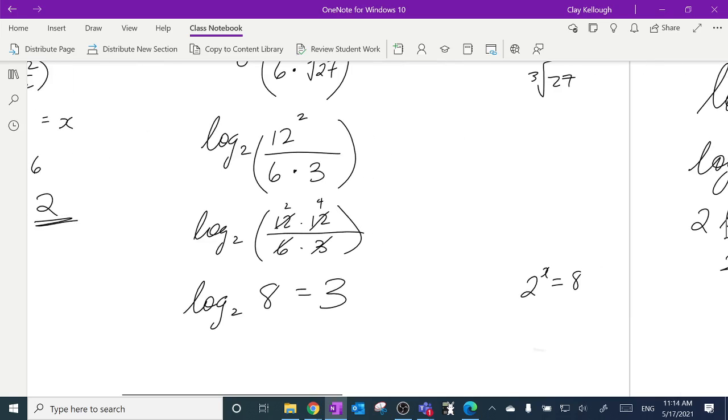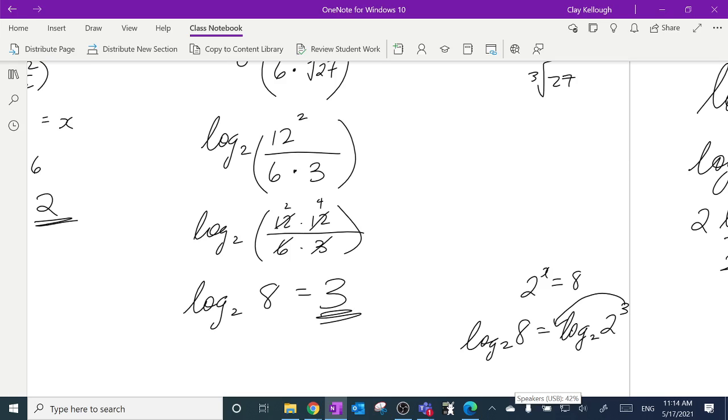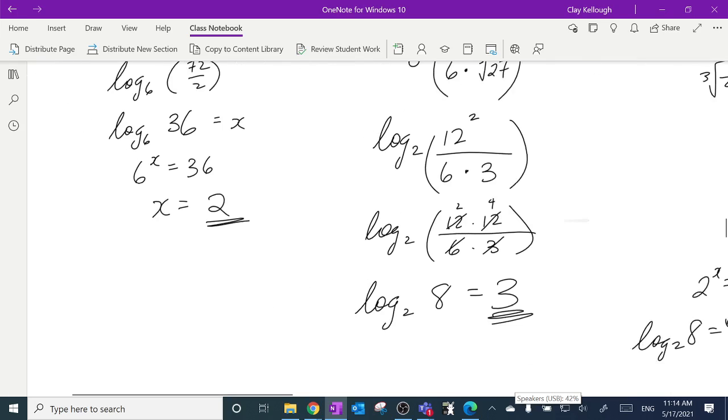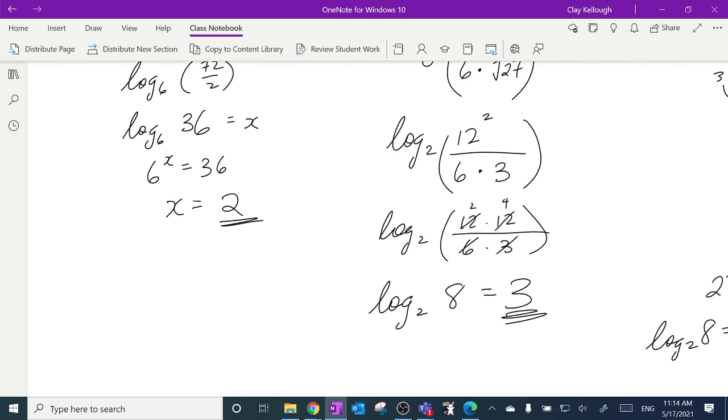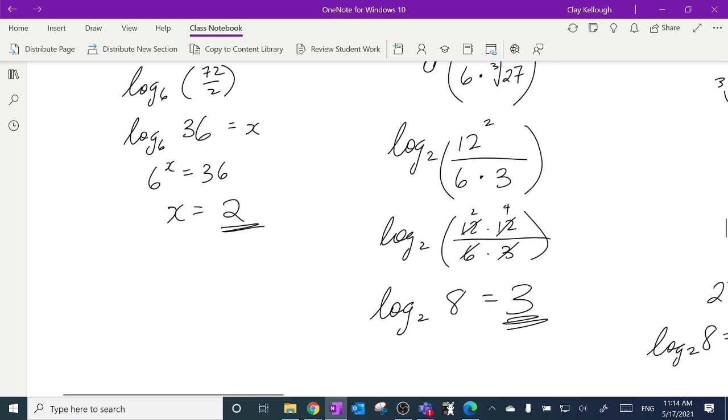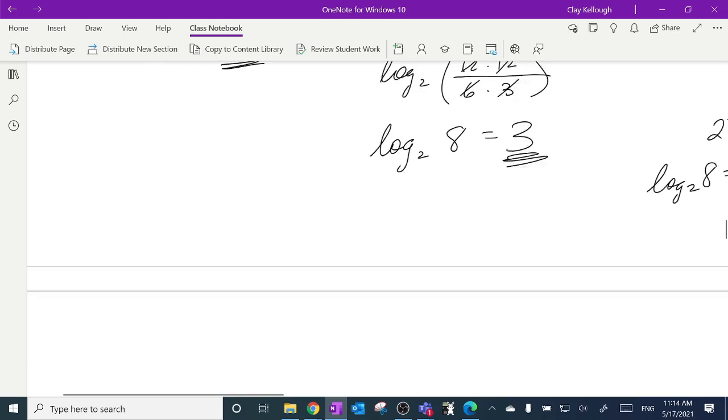Or, again, alternate strategy, if you're looking at this, you can say that that's log to the base 2 of 2 cubed, and this 3 becomes the coefficient, and then 3 times 1 makes 3. So there we go. There's numerics that you have to deal with using your log laws and your number sense and your knowledge of exponents.